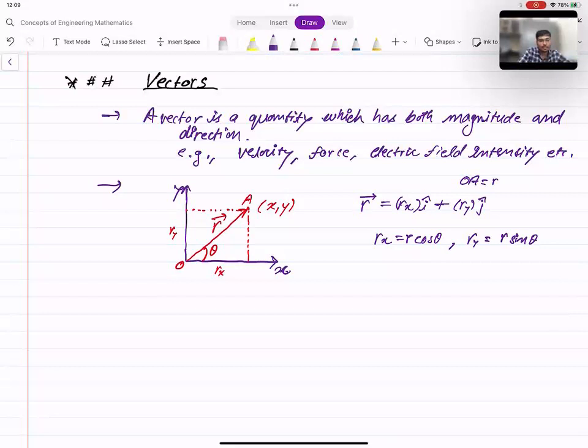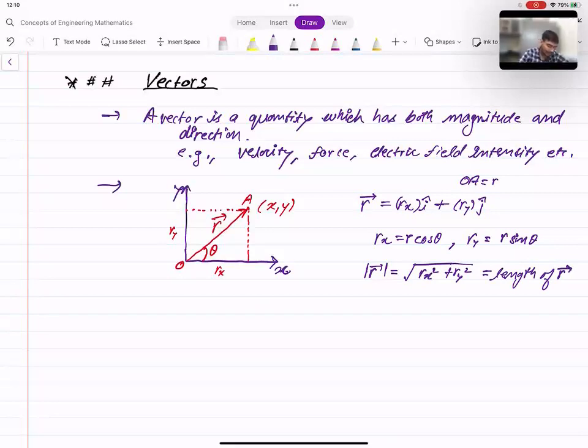And if we want to write the magnitude only, then it is given as the square root of Rx square plus Ry square. This is nothing but the length of vector R. We will not go into the derivation. If you wish to derive it, you can apply simple geometry and Pythagoras theorem to the triangles.